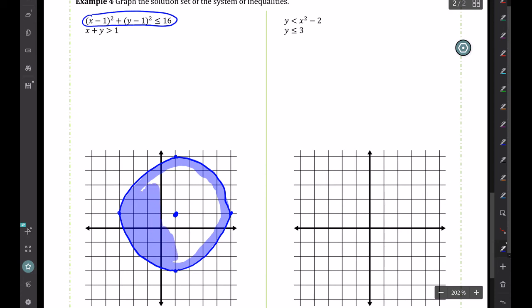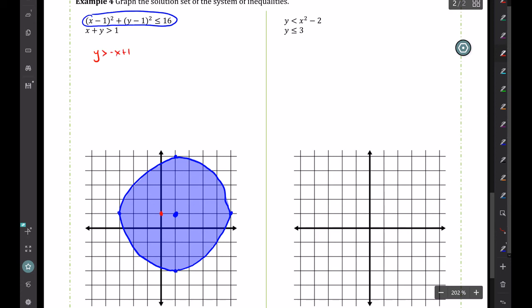Okay, sorry, it's taking me a little while to shade, but shaded in blue is everything where x minus 1 squared plus y minus 1 squared is less than or equal to 16. And then in red, you get that y is greater than negative x plus 1.